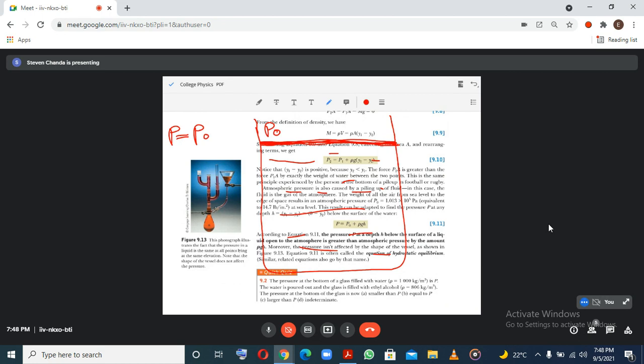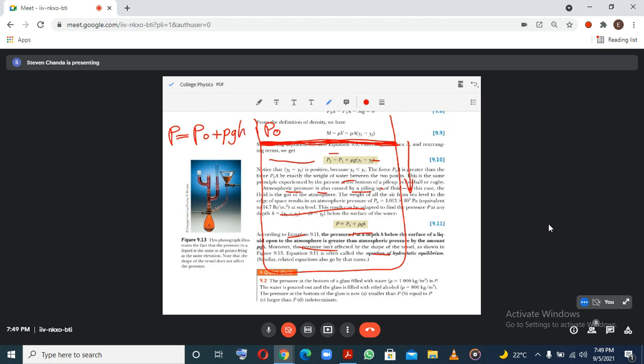But as you go down, there is now an increase in the pressure. This is going to be defined by the density of the substance. Remember, density is represented by ρ, then g and h.